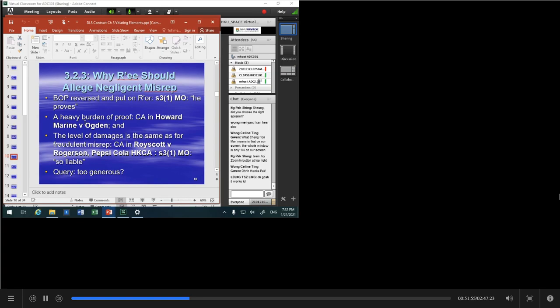However, the other cases on the screen, Floods of Queensferry and British Aerospace, seem to say, and they are on page 108, because of the wording of section 3 sub 2, that if rescission is barred, then damages cannot be awarded. Okay, so a bit of a technical point.